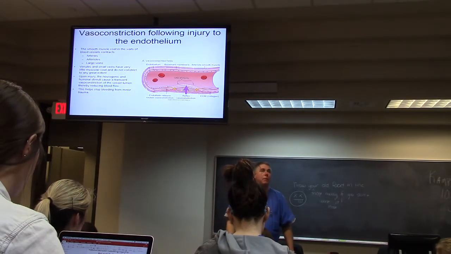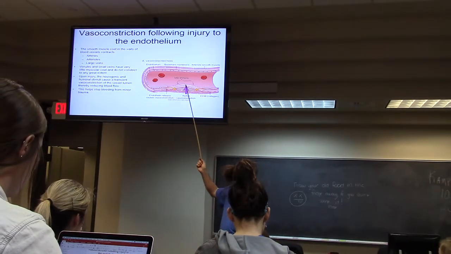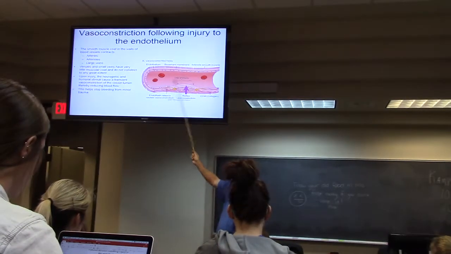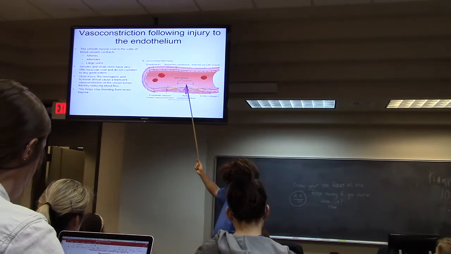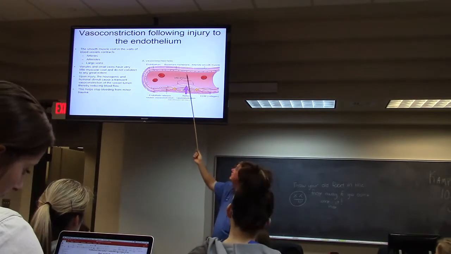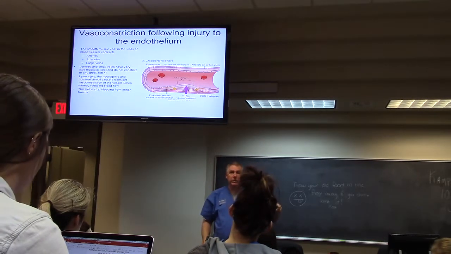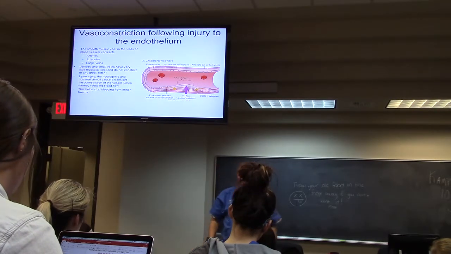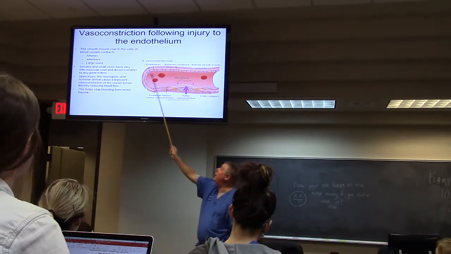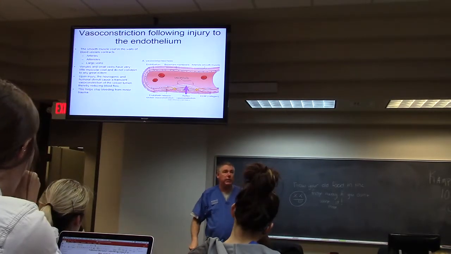Okay? Understand that if you decrease the diameter here, and the blood flow is in this direction, you're going to slow down blood flow here, but in the site itself, blood flow speed will increase because you're decreasing the diameter of the vessel. But it's the slowdown up here, the stacking up, that you're interested in.